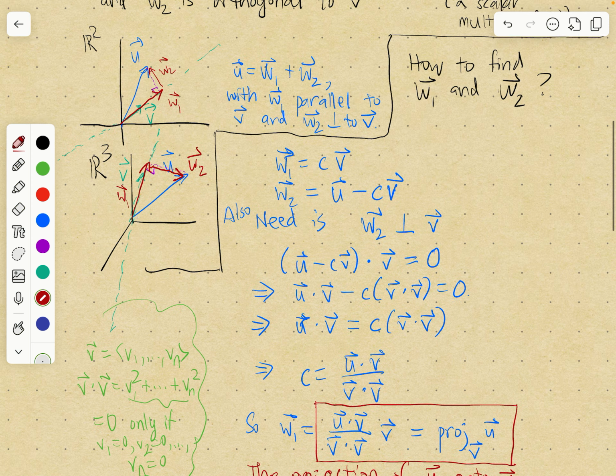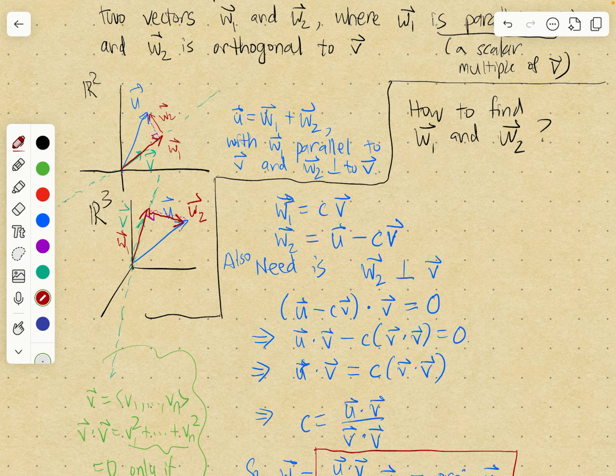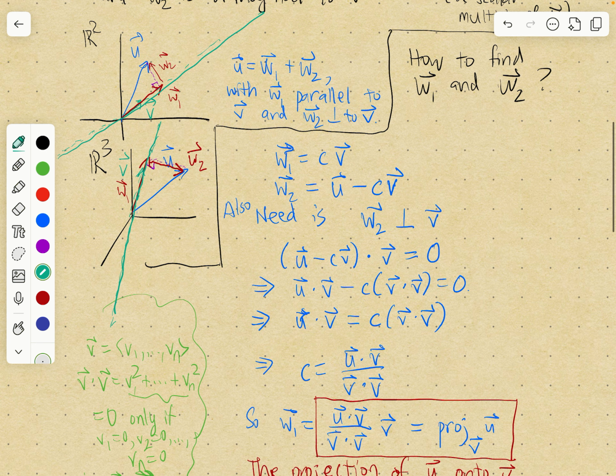What's going on is this picture. You have V, and what's really going on is you have this line along V, and your W1 is a vector on this line, and W2 is perpendicular to the line.